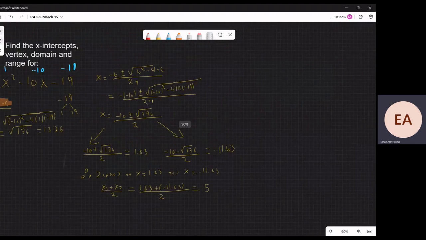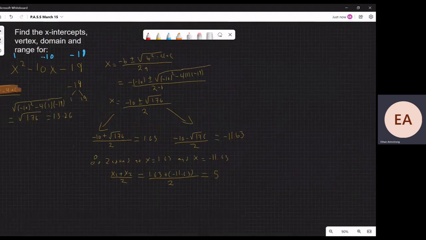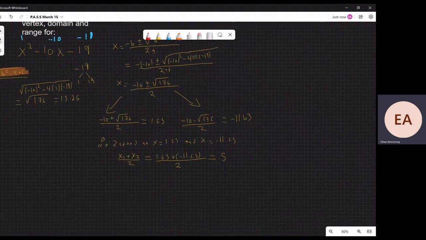So our function is x squared minus 10x minus 19. So f at 5 would equal 5 squared minus 10 times 5 minus 19.